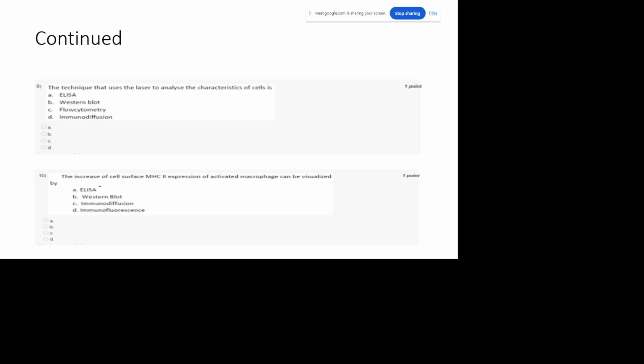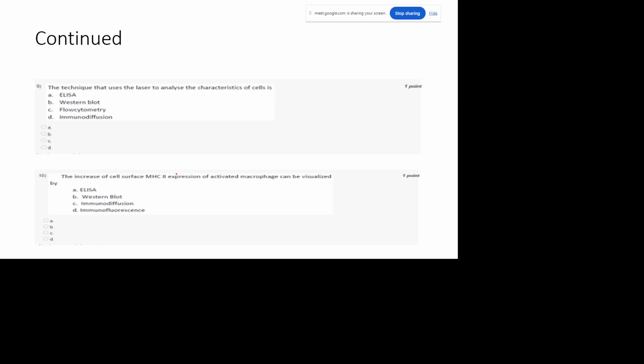Next: the increase of the cell surface MHC class 2 expression of activated macrophages can be visualized by ELISA, Western blot, immunodiffusion, or immunofluorescence. ELISA will not let you visualize the MHC2 protein.